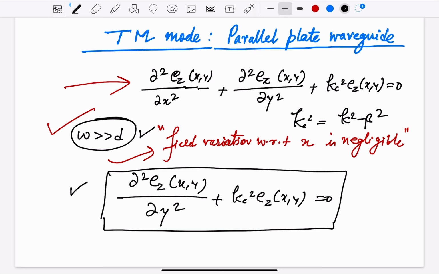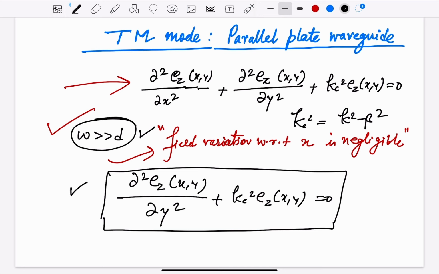With this one can easily find the rest of the components. So let us write down these components. Let me take a new page here. So this was the equation. Fine. Now writing the other components.